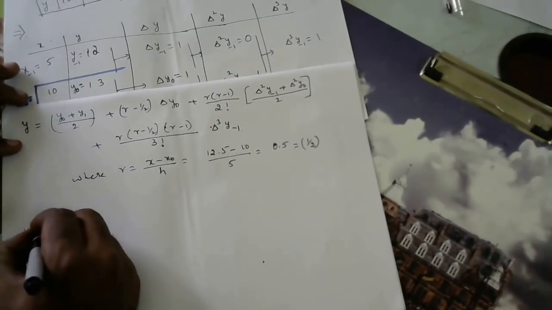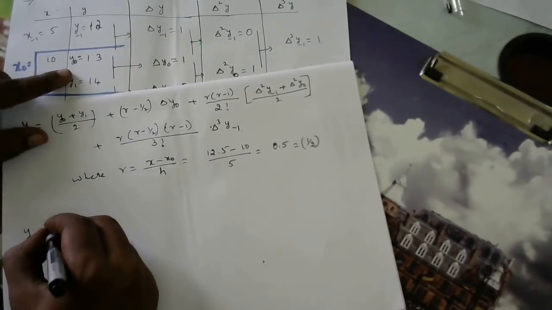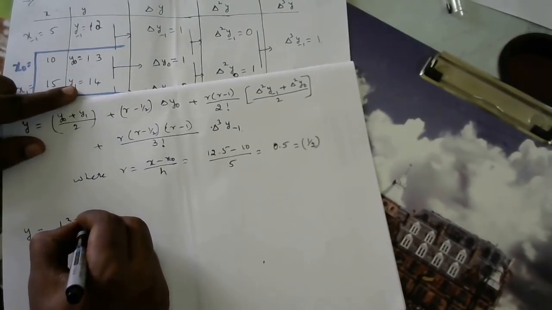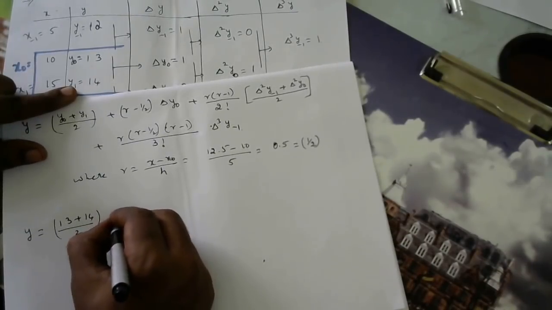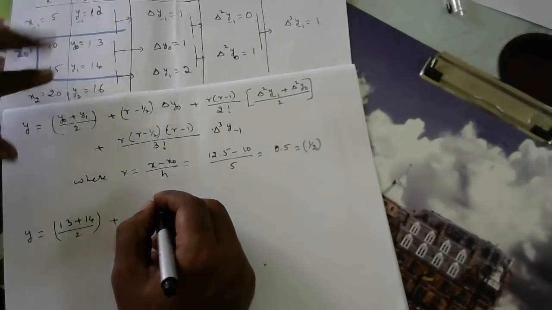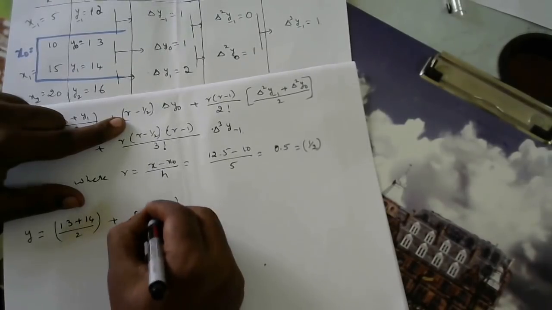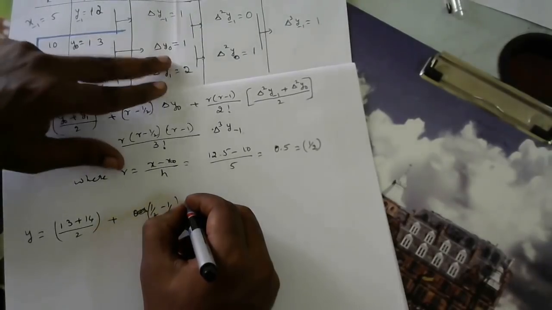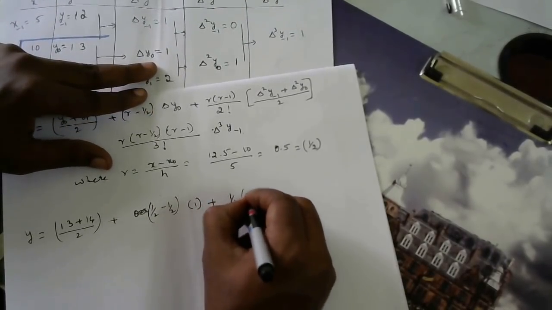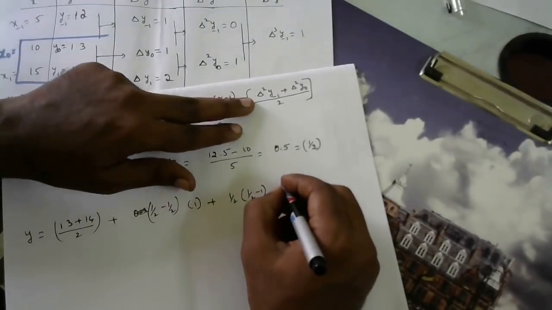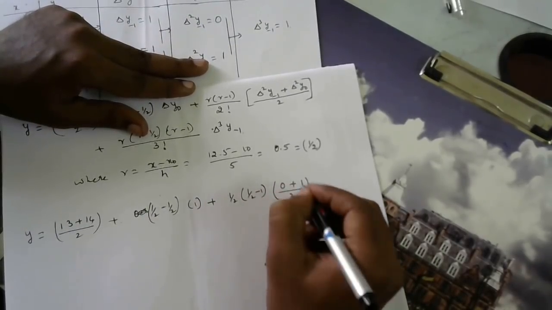So here y equals y0 value 13 plus y1 value 14 divided by 2, plus, r value is 1 by 2, so 1 by 2 minus 1 by 2 into delta y0 value 1, plus r value 1 by 2 into 1 by 2 minus 1, into delta square y suffix minus 1 which is 0 plus 1, divided by 2.